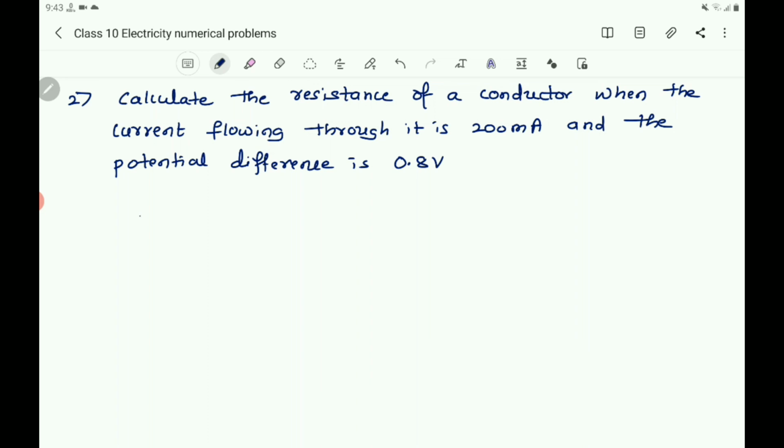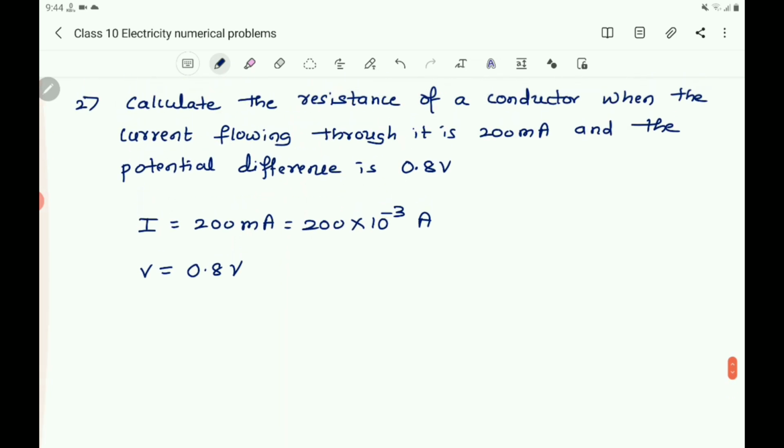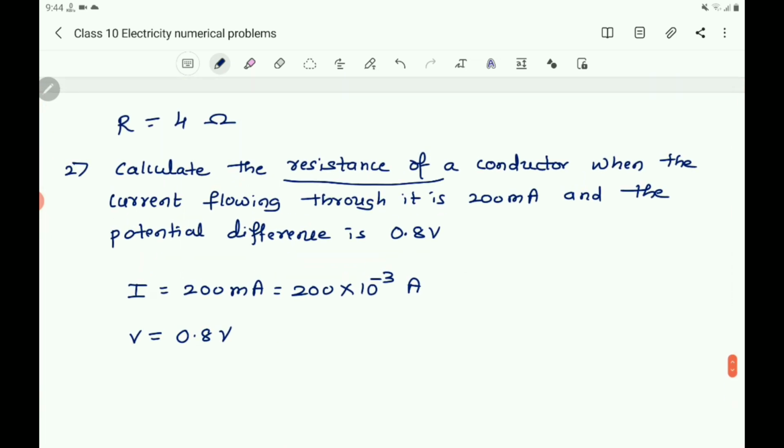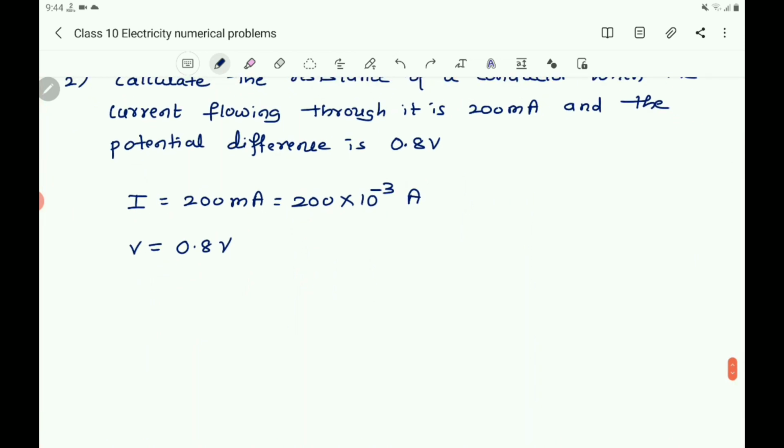So you take current is 200 milliampere. You know that is equals to what? 200 into 10 power minus 3 amperes, and potential difference V is given, that is 0.8 V. Then what you have to find out? We have to find the resistance. Calculate the resistance. R equals question mark.